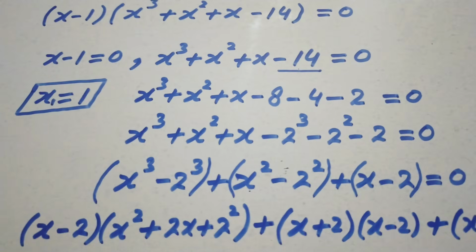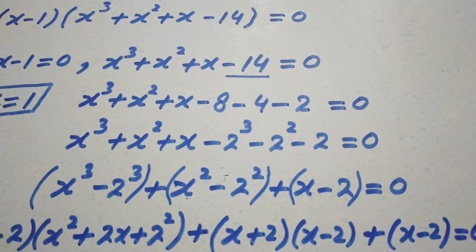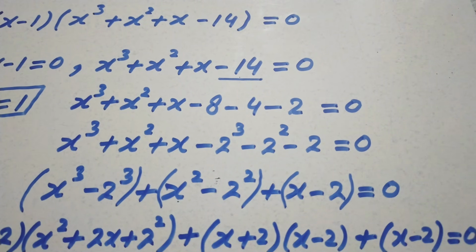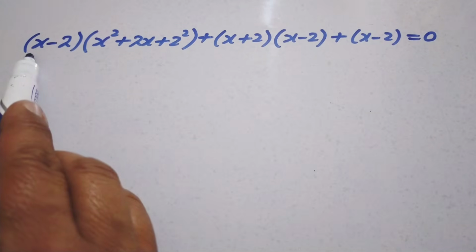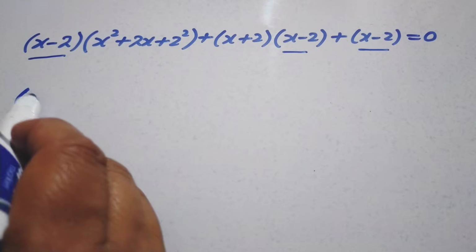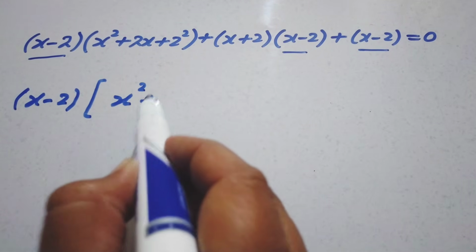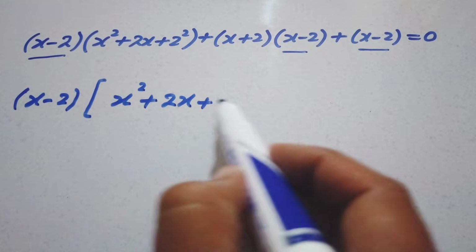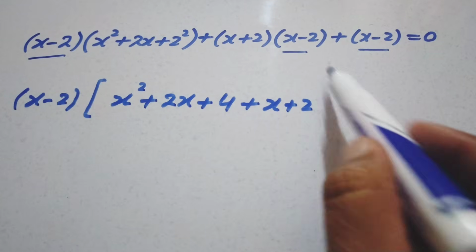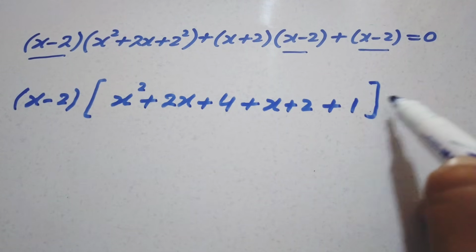So now we have x minus 2 into x squared plus 2x plus 2 squared, plus x plus 2 into x minus 2, plus x minus 2, is equal to 0. Now take this x minus 2, which is common, so x minus 2, and inside this x squared plus 2x plus 2 squared we get 4, plus x plus 2, plus 1, is equal to 0.